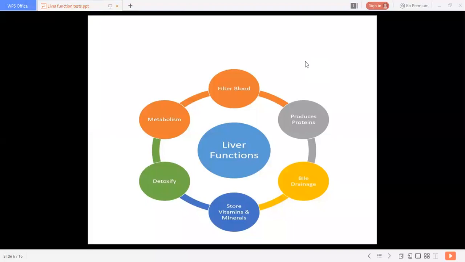Which one? Alkaline phosphatase is also synthesized by the bone, that is osteoblasts, which are involved in the formation of bones. So whenever the levels of alkaline phosphatase increase, it indicates a disorder of either bone or liver.